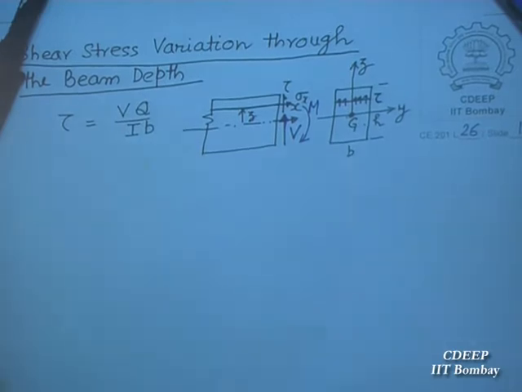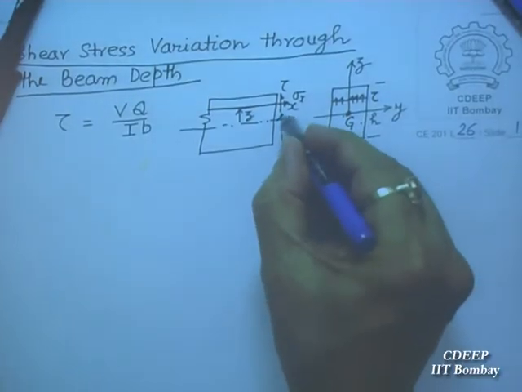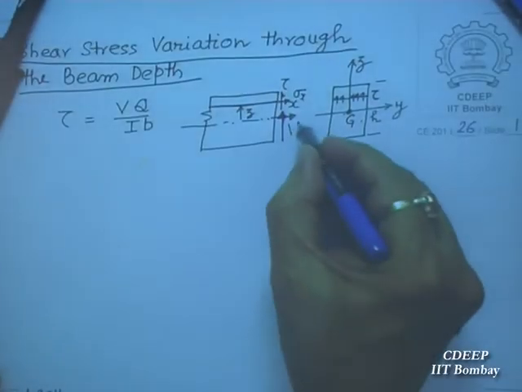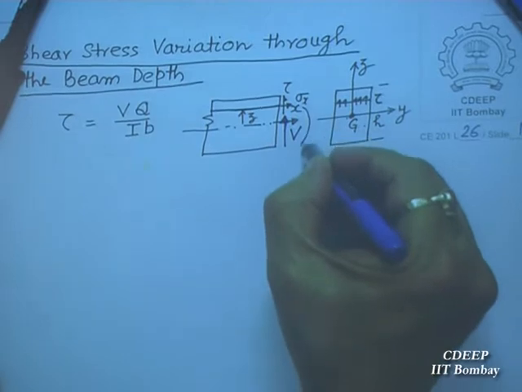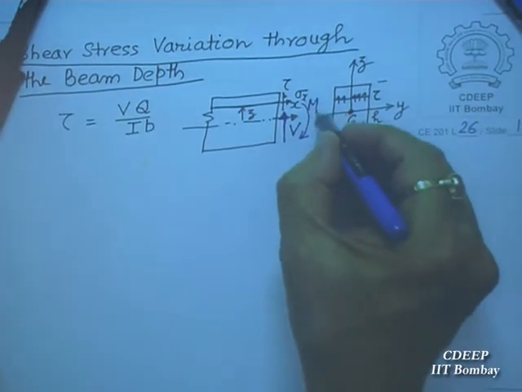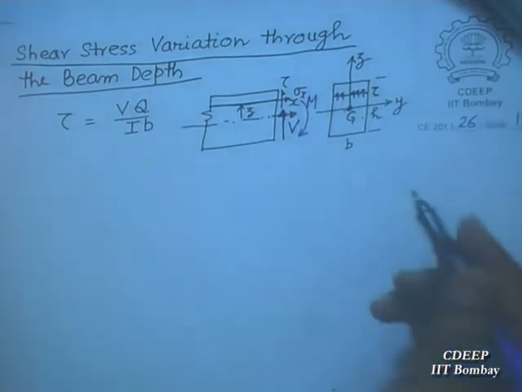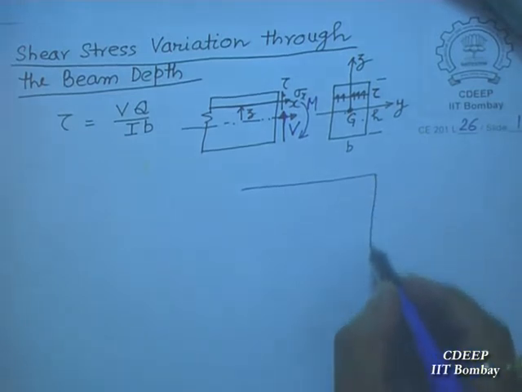So on any cross section of this beam here, that diagram I have drawn is slightly smaller. So you have a shear force V, and of course moment also is there. So on a cross section of the beam, let me draw a bigger depth beam.